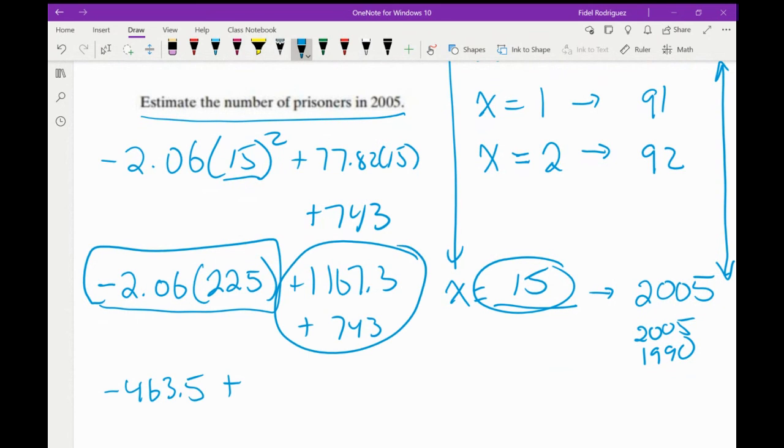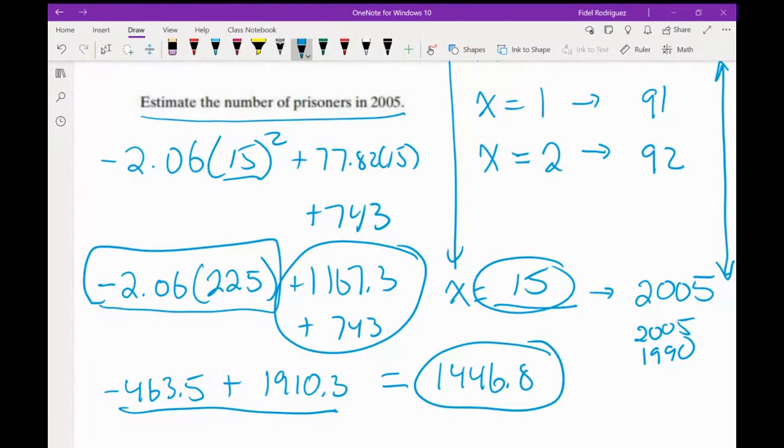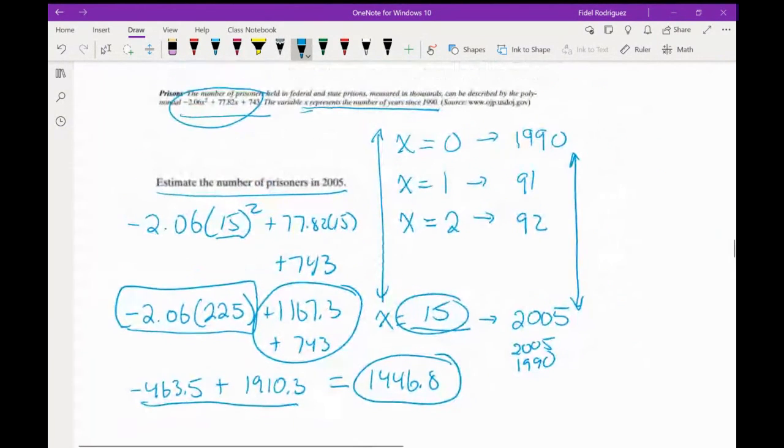Plus, these are both positive, so I'm going to go ahead and add those together. 1167.3 plus 743 is 1910.3, and now I'm just going to combine these two, and I'm coming up with 1,446.8 is the number that I'm coming up with, right?